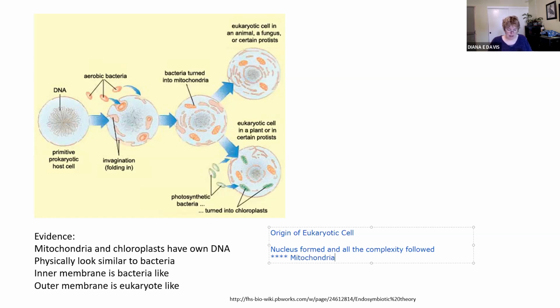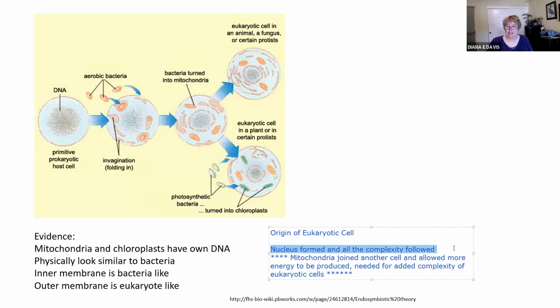And that's that the mitochondria joined another cell and allowed more energy to be produced, which was needed for the added complexity of eukaryotic cells. And this is the one I like. I don't really like this one.